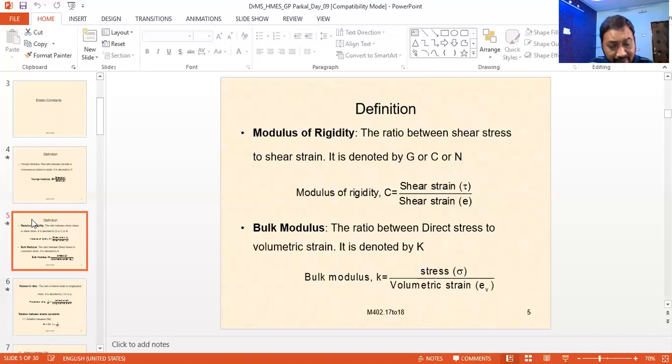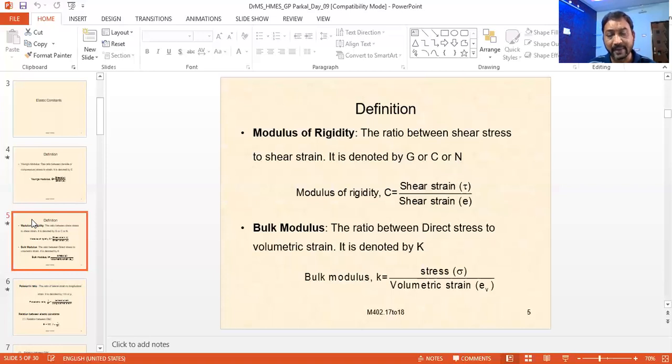Now, bulk modulus may be defined as the ratio of the direct stress to the volumetric strain. The ratio of the direct stress to the volumetric strain of a body when it is subjected to some kind of forces is called the bulk modulus. In this case the direct stress can be found as follows: if the force acts along the x-axis, then the area is taken on the y and z axes.